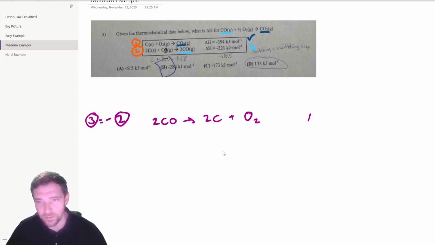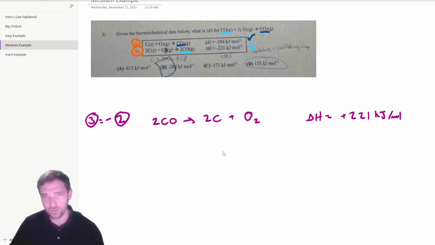And if I'm flipping that, now its new change in H is going to be flipped as well. So we've got a positive 221 kilojoules per mole. And see, they're even doing kilojoules per mole in this problem, which is more appropriate because this is the amount of energy per amount of matter, and that can help you with understanding how this needs to be multiplied or divided. So I can see that I probably want to cut these numbers in half.